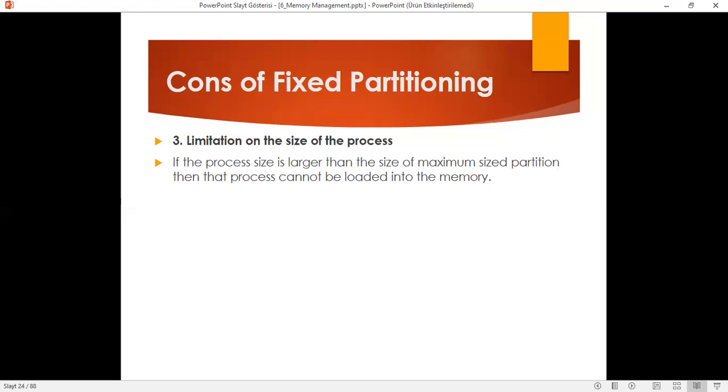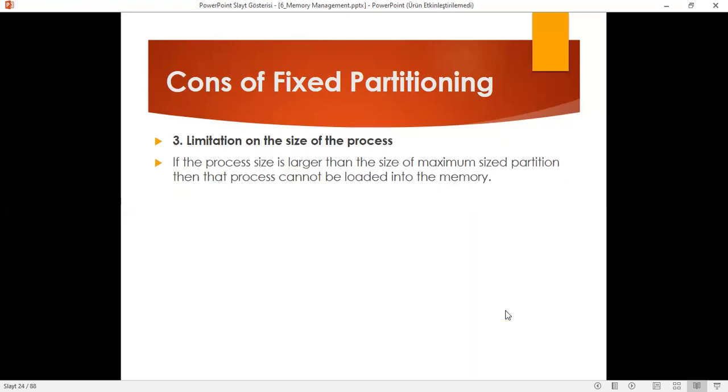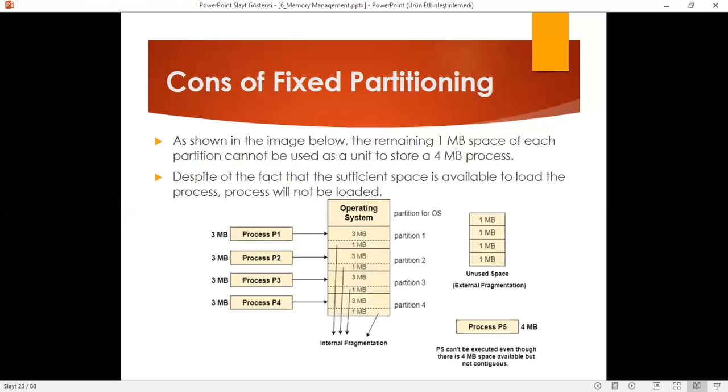The other one is the limitation on the size of the process. Actually, this one fits both of them. If my process size is larger than the partition size, I can't put it inside.